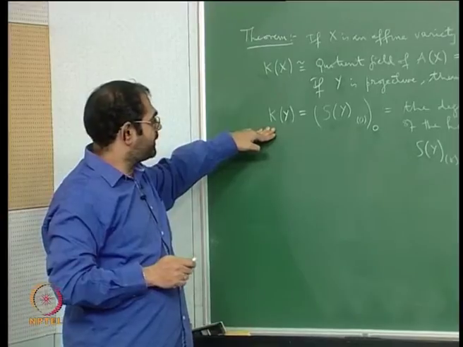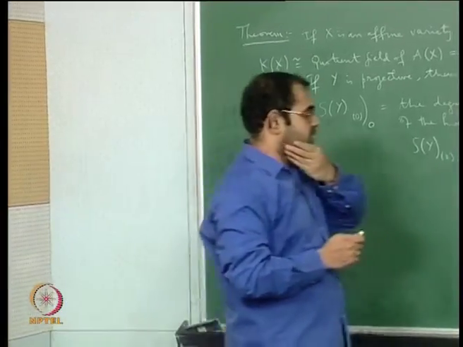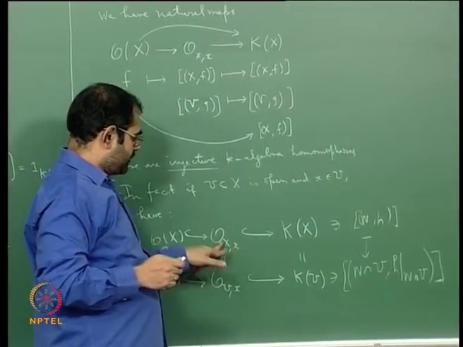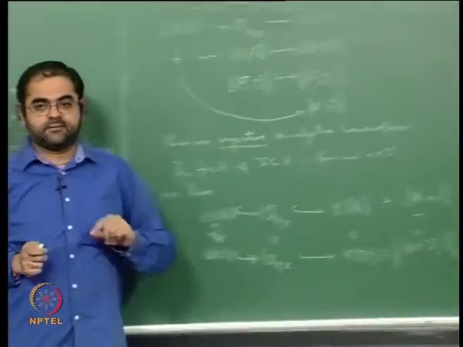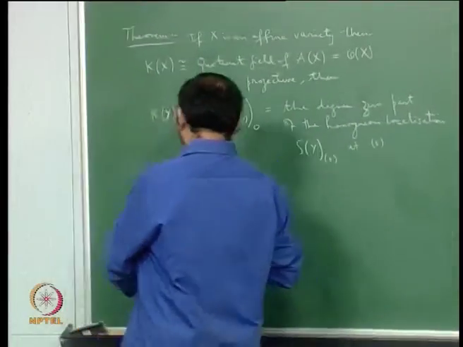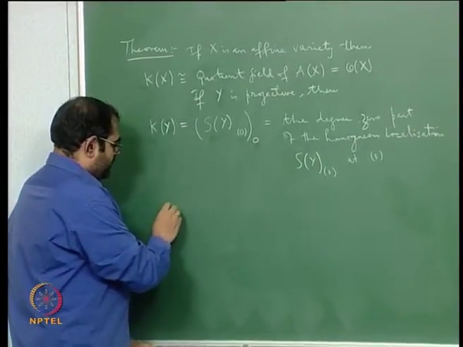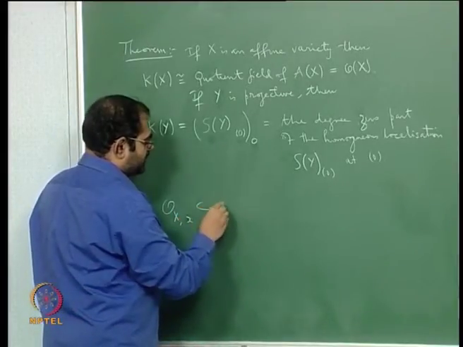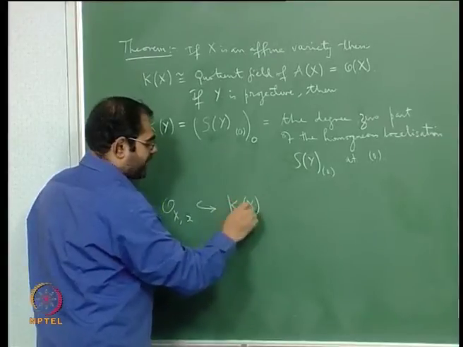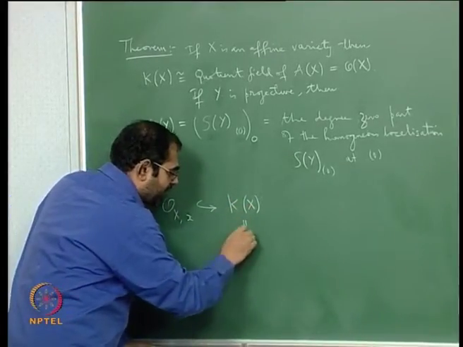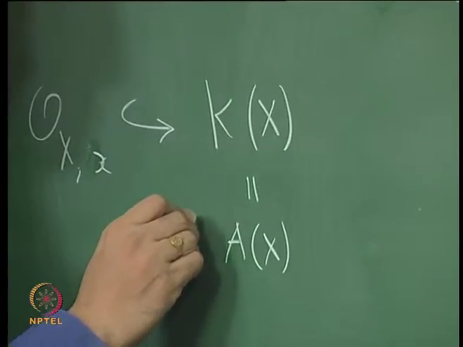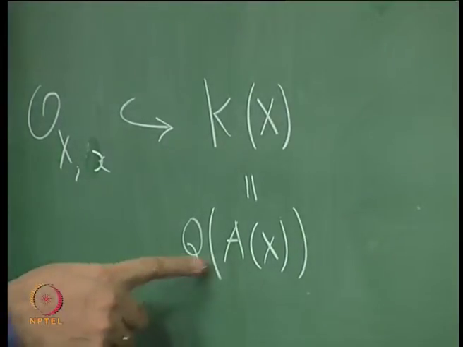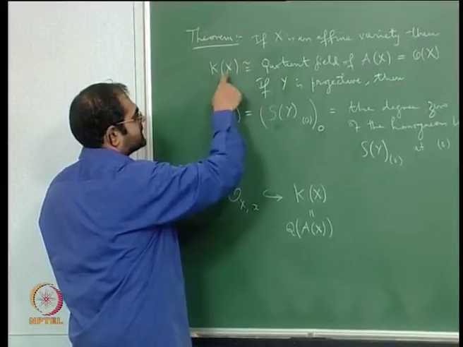If you try to write out this kind of diagram including the local rings and the quotient fields, then if you take Ox, small x, that is going to sit inside Kx, and this Kx is just the quotient field of Ax. Q represents the quotient field of Ax, that is Kx, that is what the first part of the theorem says.